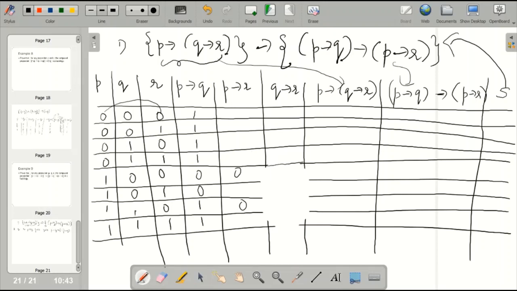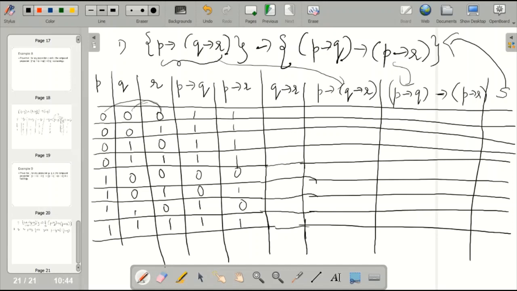Rest all the cases it is 1. Next is Q conditional R. Check between these two.